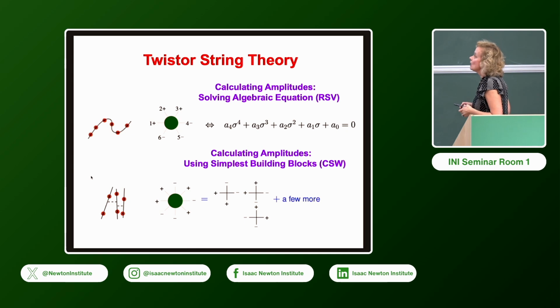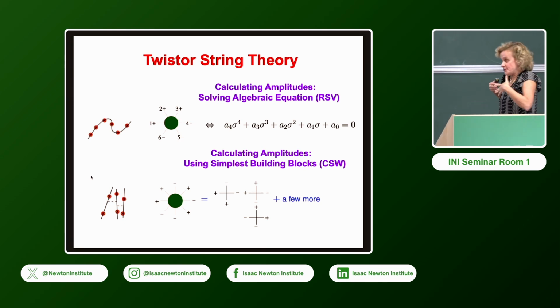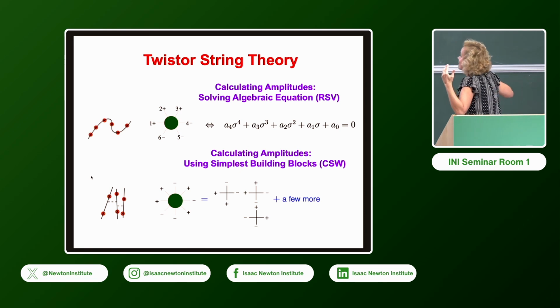So for example, as I told you, you have those curves in twistor space, and if you have three negative helicity gluons, the degree of the curve, remember, was 2, and you can show that calculating the amplitude reduces to solving an algebraic equation. That was one way of computing it, and that was completely new, and it is still mysterious why that is the case.